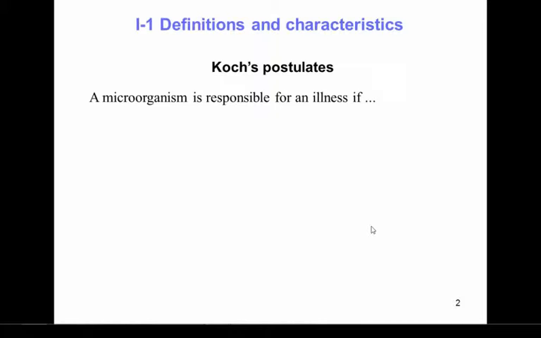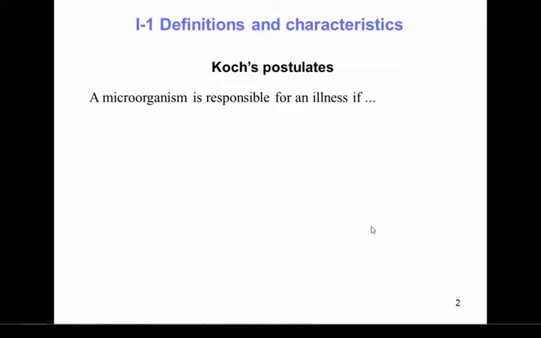So this goes back to the 19th century when Koch and Pasteur were promoting the germ theory of disease, which held that transmissible diseases were caused by infectious agents, bacteria or viruses. And they had a lot of resistance from the medical community at that time.